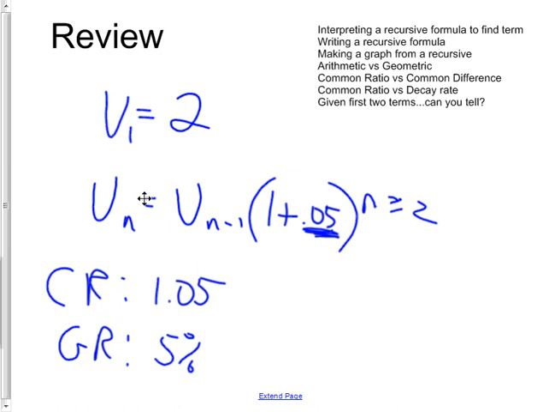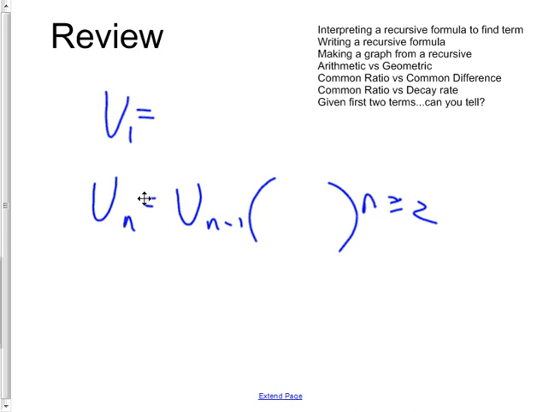Make sense? All right, I'm going to give you another one that's similar but different. I'm going to tell you the situation, and you write me a formula. You can just erase a couple things because your formula is pretty much going to stay the same, see? All right, I want you to start with -10 this time. And we're going to have it decay, as in shrink by 5%.